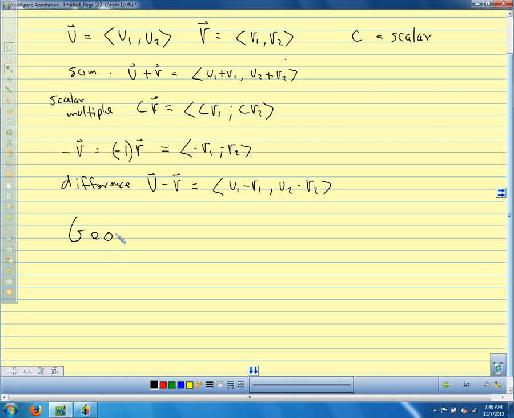So geometrically, if we draw a picture, and my coordinate system is just arbitrary here, and I'll do my vectors in red.